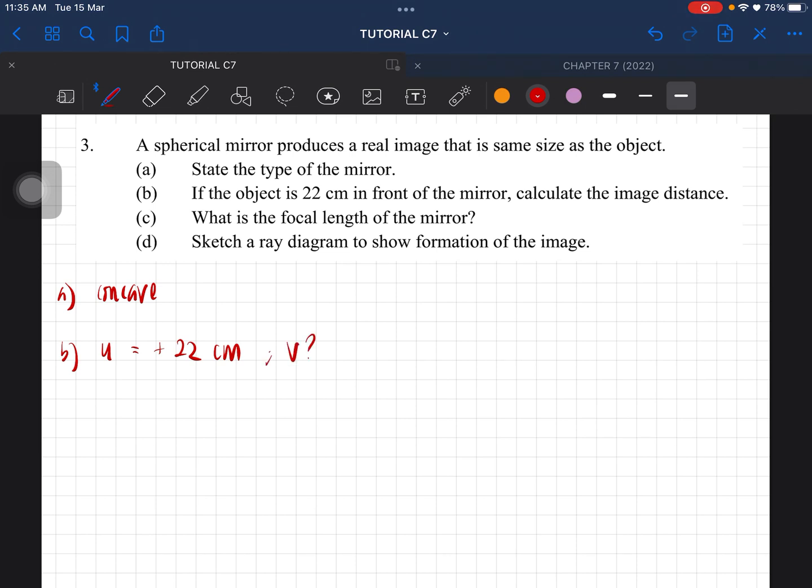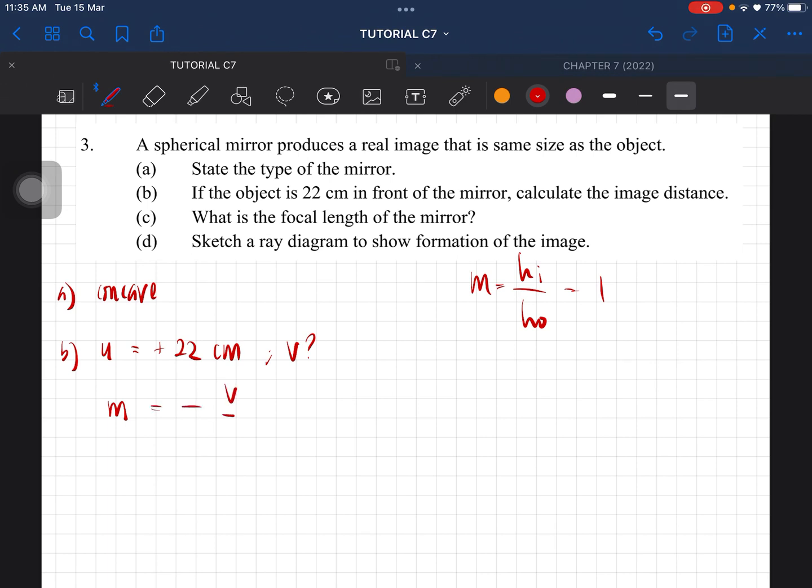So this one, we will be using the equation of magnification, because the question has already given us the image size, which is the same size. So if you were to calculate h_i over h_o, you will be getting 1 because they are the same size.